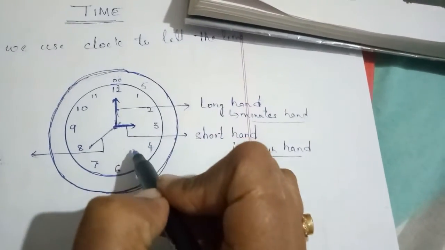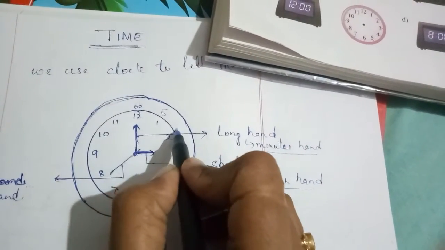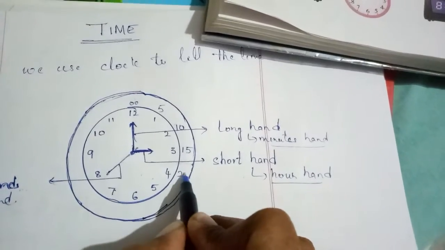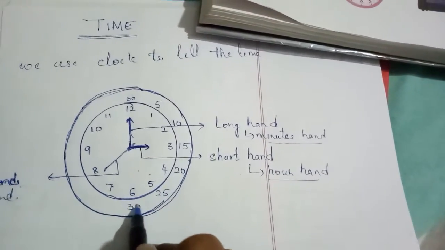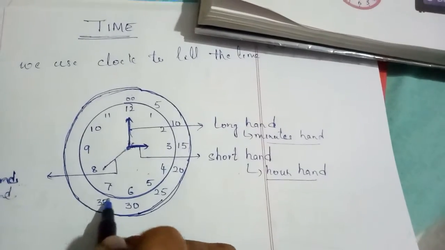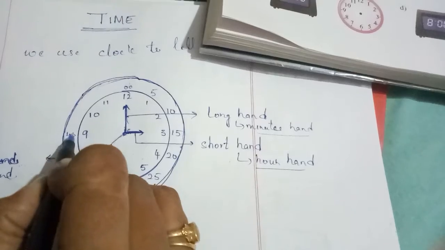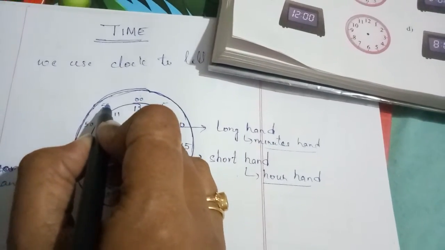You have to learn the 5 table. 5 skip counting. From here to here 10, 15, 20, 25, 30, 35, 40, 5 skip counting. 45, 50, 55.